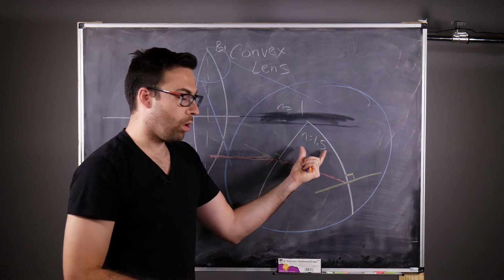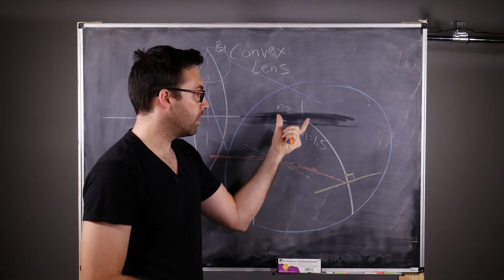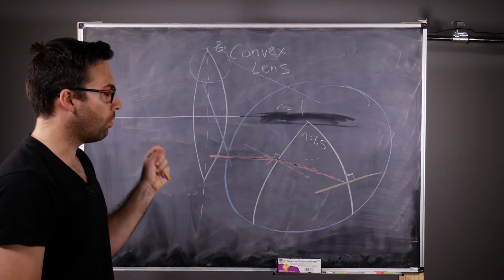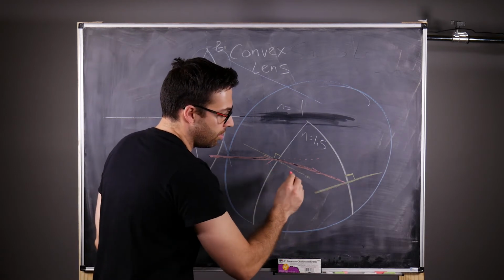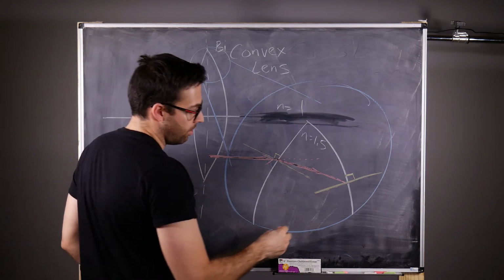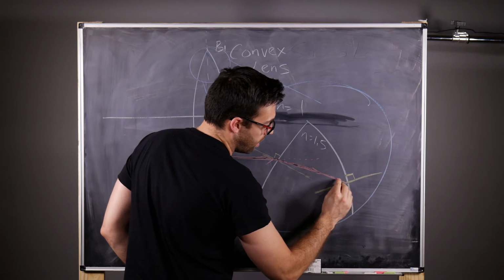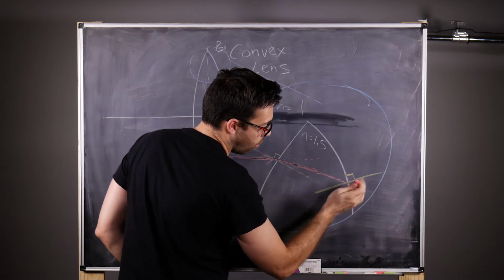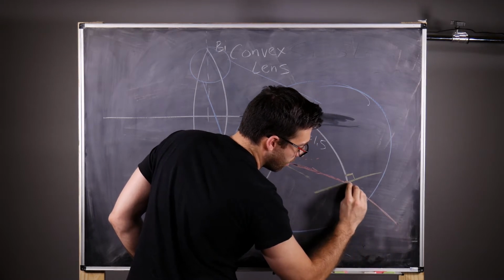We're going from 1.5, a high index of refraction, back into air, a low index of refraction. And we said from before that a light ray that goes from high to low is going to bend away from the normal. So it's not going to continue straight like this. It's going to bend even further away from that normal, something like that.